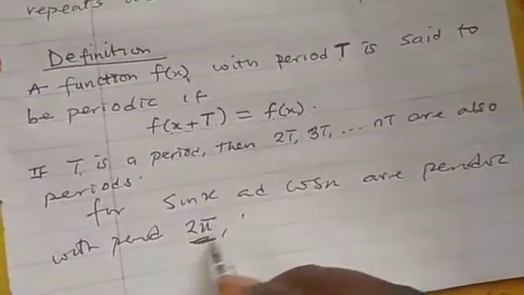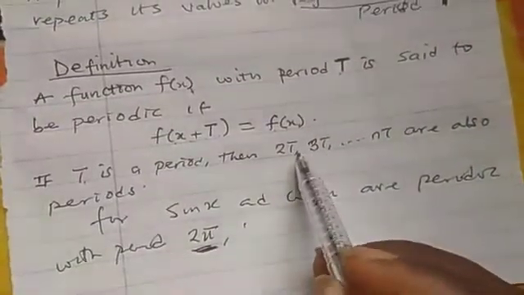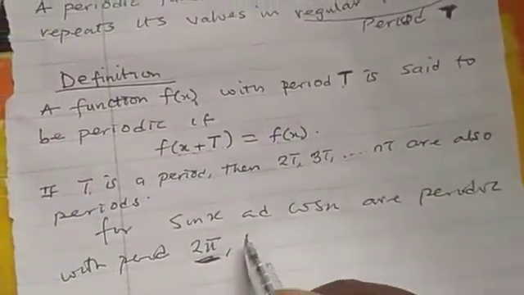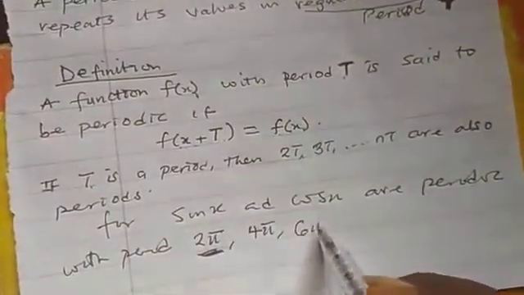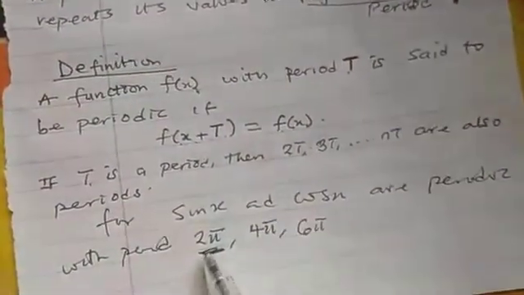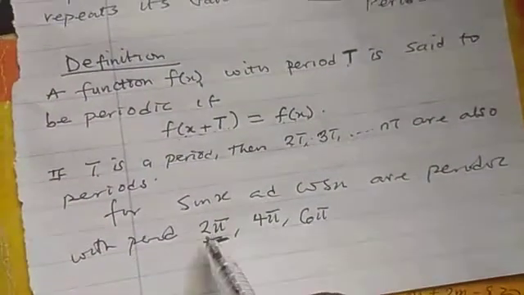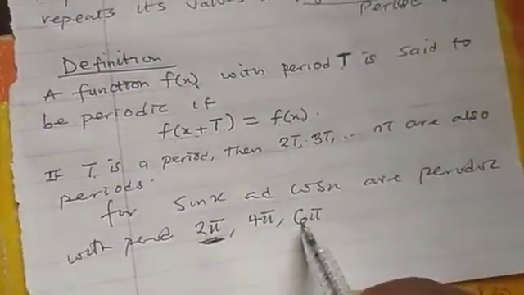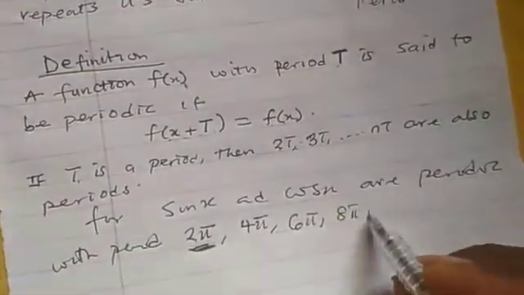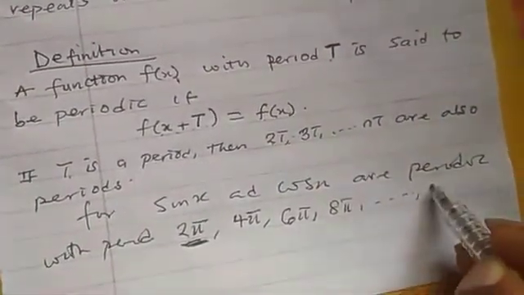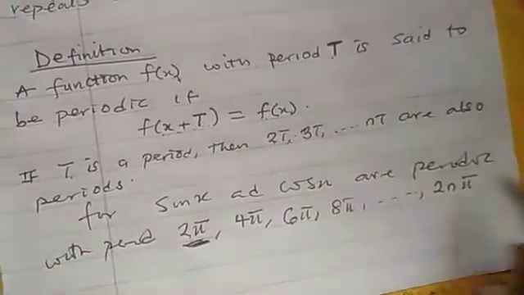So this is the first period. And from what we have said now, the next one will be 4 pi, the next one will be 6 pi, that is 2 times T. Since our T is 2 pi, then 2 times 2 is 4, 3 times 2 is 6, like that. The next one will be 8 pi. Finally, everything will be 2n pi.